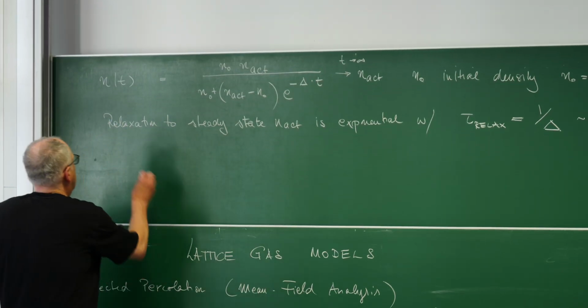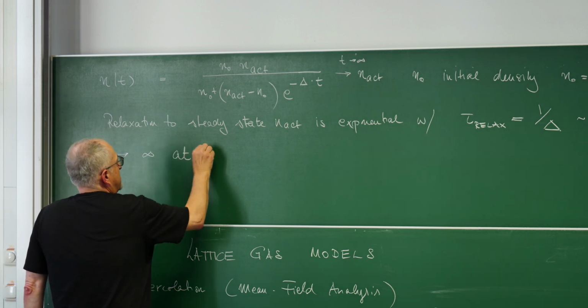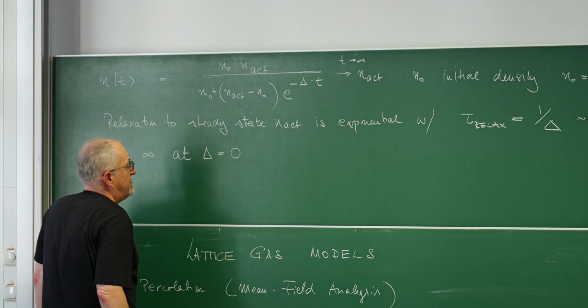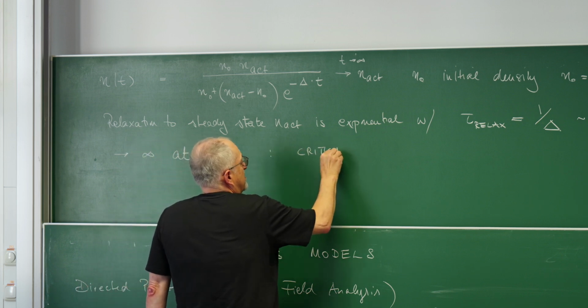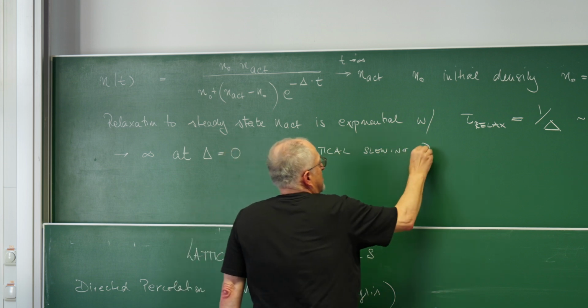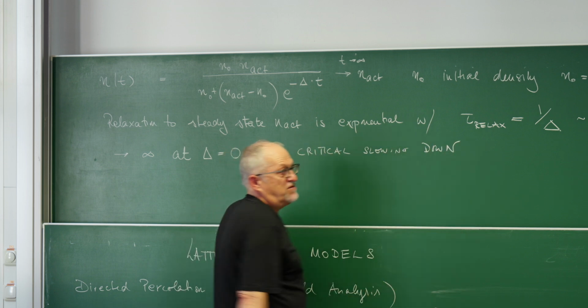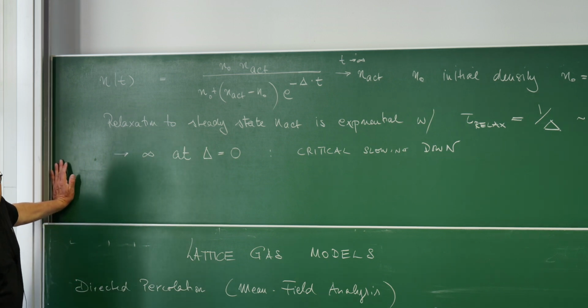Okay, so this goes to infinity at the transition, and that means you have critical slowing down in the same way as you have critical slowing down close to a thermodynamic phase transition.